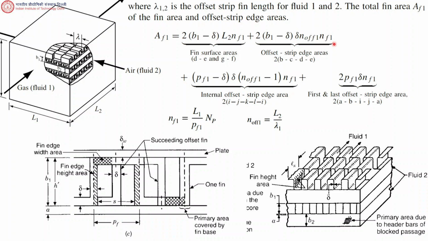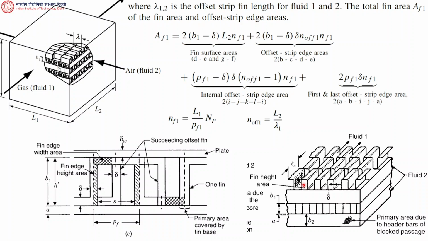Why? What he's saying is basically, if you take one fin here, then in this row, how many such fins are there? NF1, for fluid 1. We are writing 1 because we are just considering fluid 1. If you change over to fluid 2, all expressions will remain the same, just the subscripts will change from 1 to 2.